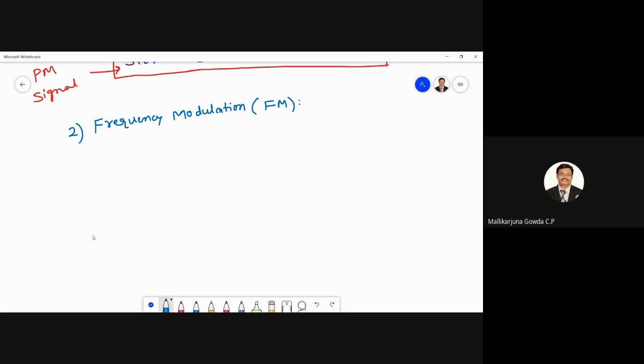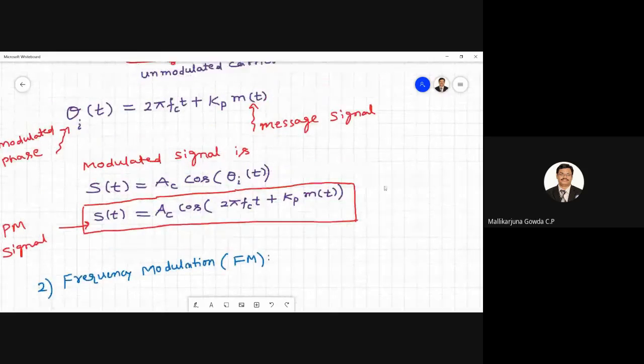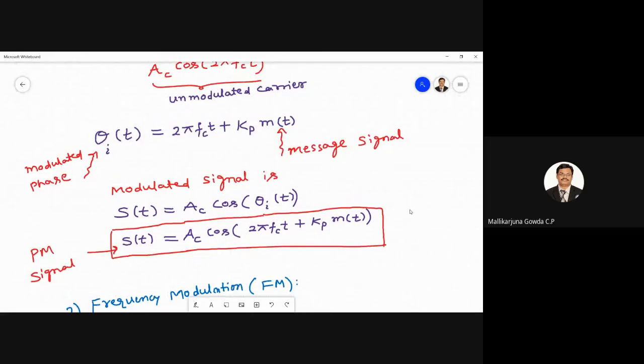Can you scroll on top, sir? Yes. So here, theta i of t. What is Kp in that, sir? I said that is a constant, similar to standard AM where we used to write Ka, the amplitude sensitivity factor.